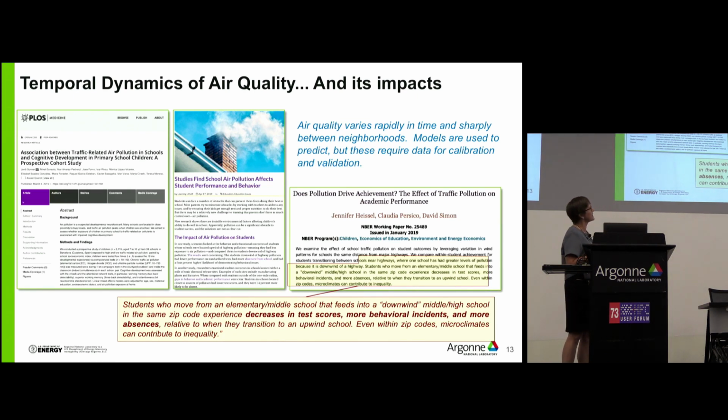When you look at these studies that look at the effect of whether you are upwind or downwind of the highway in a school, they looked at students who moved from an elementary or middle school that feeds into a downwind high school or middle school in the same zip code, experienced decreases in test scores, more behavioral incidents and more absences relative to those who move to an upwind school. So this is the kind of data you can start to collect when you have a very rich system.